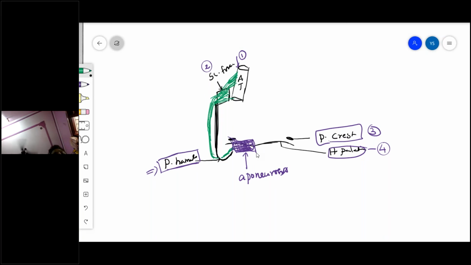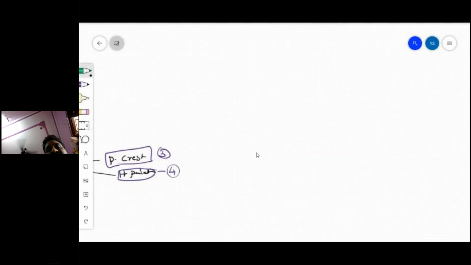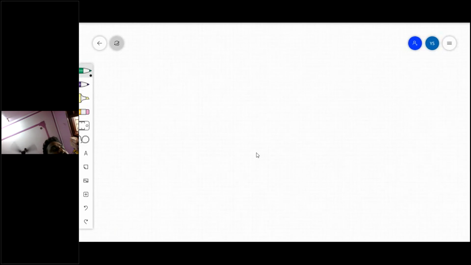Whatever I told you, levator veli palatini, palatoglossus, palatopharyngeus, uvulae, these all take origin or insertion, either one of it. That means all these muscles are attached to the aponeurosis of tensor veli palatini, that is present in the middle, that forms the main supporting framework of the soft palate. This point we have to highlight. So the same thing I will show you in another picture.